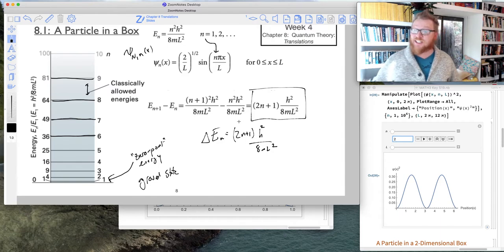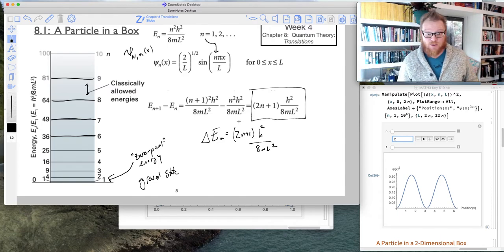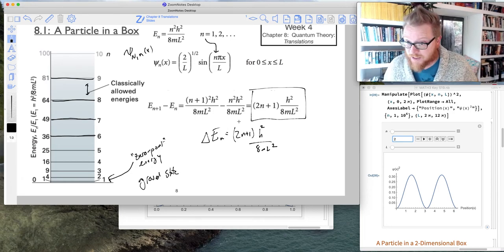Well, we established classically if n goes to humongous quantum numbers, this is approaching that of a classical system. And so as n goes to these humongous quantum numbers, it's 2 times n plus 1. Well, that plus 1 no longer matters, okay? So it's not as significant.